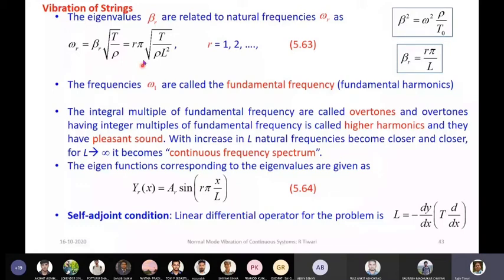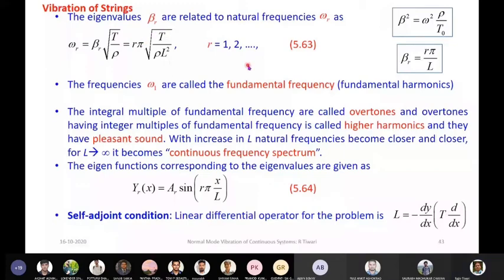The Rth natural frequency of the system will be R pi under root T by rho L square. So the natural frequency will depend upon the tension in the string, mass per unit length, and the length of the cable. These are the parameters on which the natural frequency will depend.